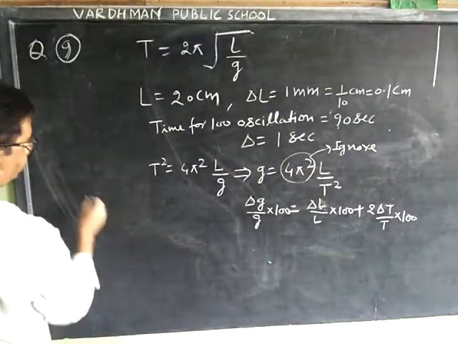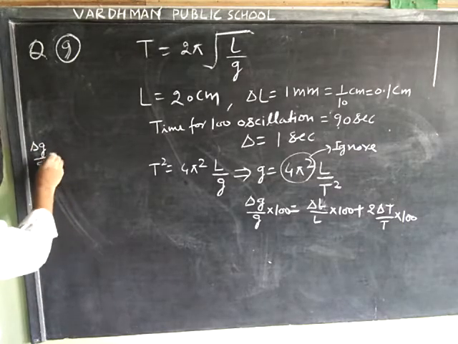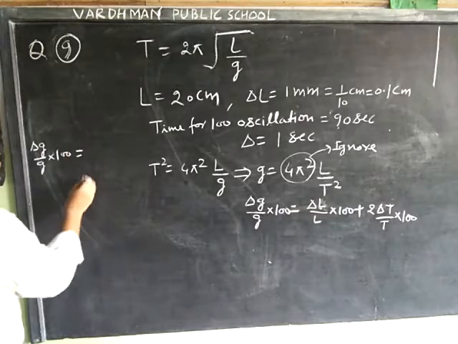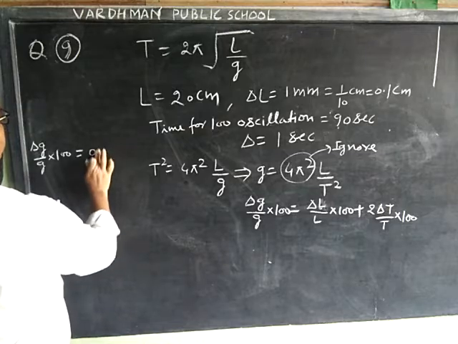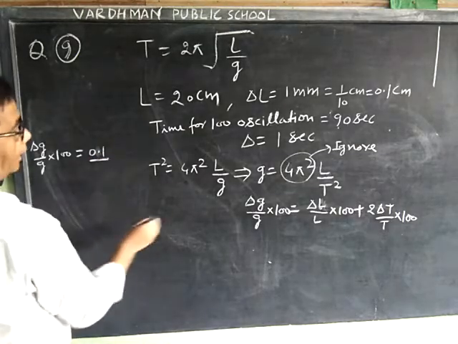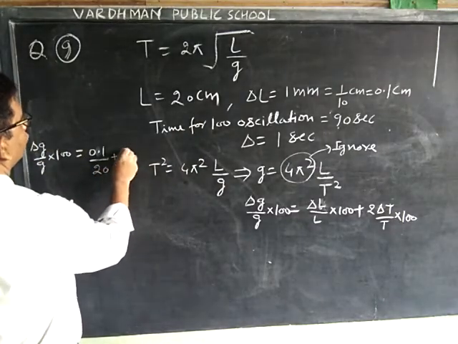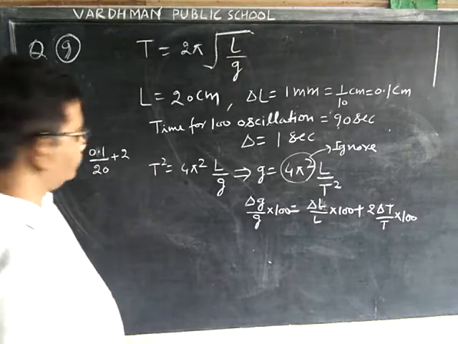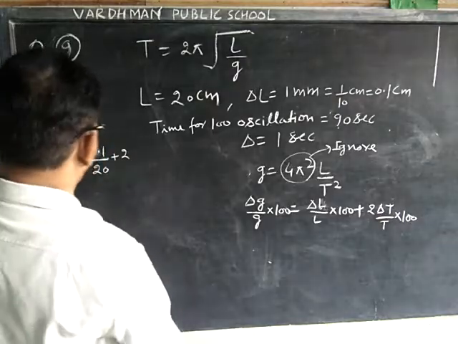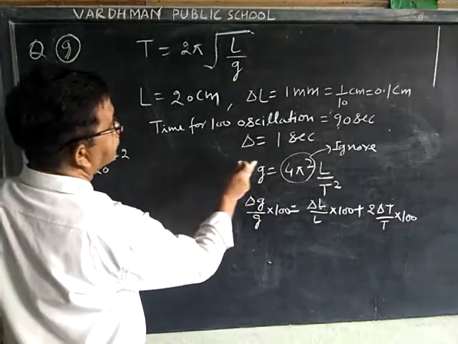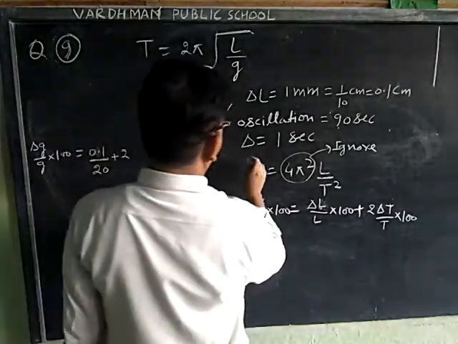That is delta g upon g into 100 is equal to 0.1 upon L, 20 centimeter, plus 2 into delta T. What is the value of delta T?